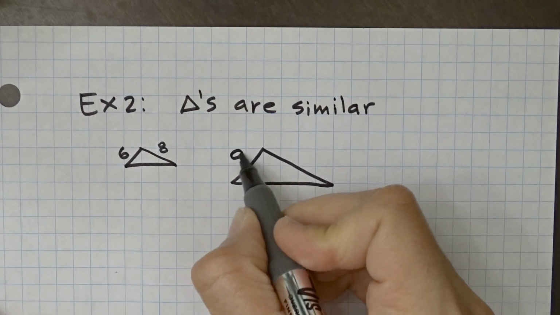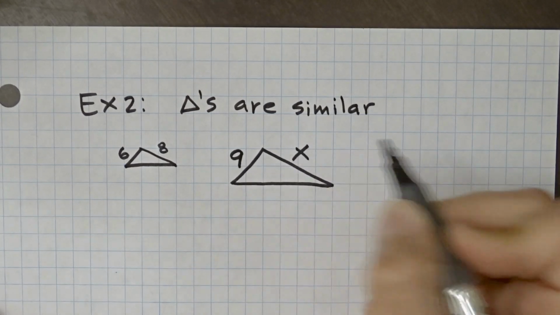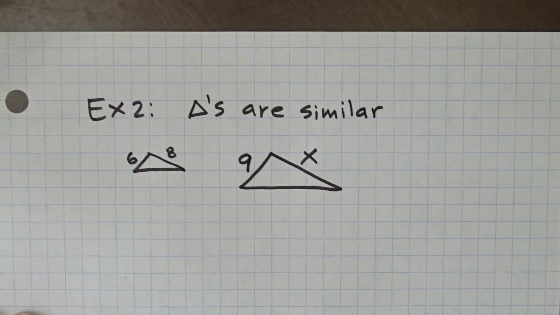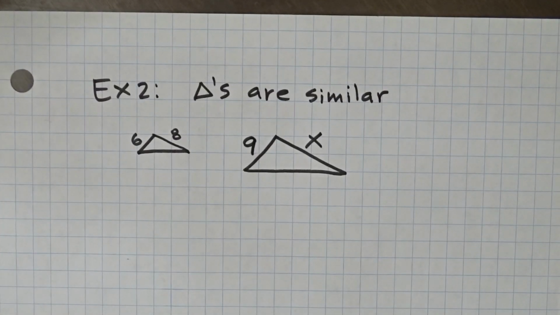And this would be 9 and x. So I have 2 triangles that are similar. I already know that they have corresponding sides that are proportional. And I know that they have corresponding angles that are congruent, meaning the same size. Matching angles are the same size. So I want to just use my rule of proportions to find this missing side.